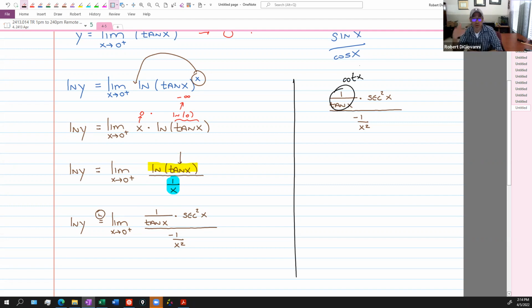And cotangent is cosine over sine. So that's really cosine x over sine x times, now what about secant? Secant is 1 over cosine, but then squared. So this looks like 1 over cosine squared x. But that whole thing is on top of negative 1 over x squared.